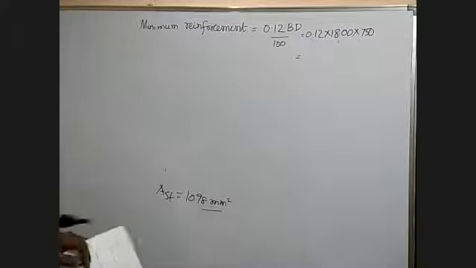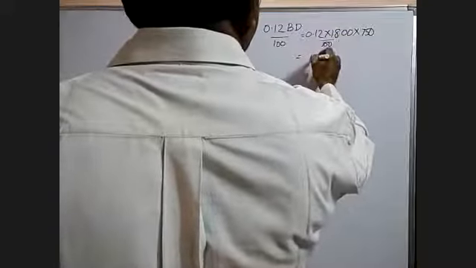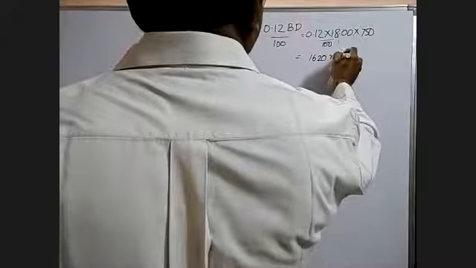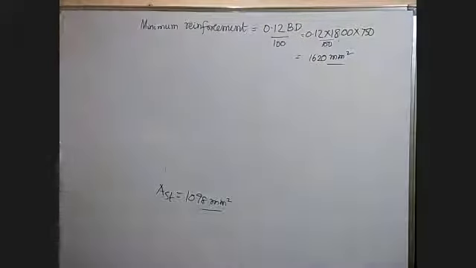This comes to 1620. And minimum reinforcement is equal to BD, short span direction.